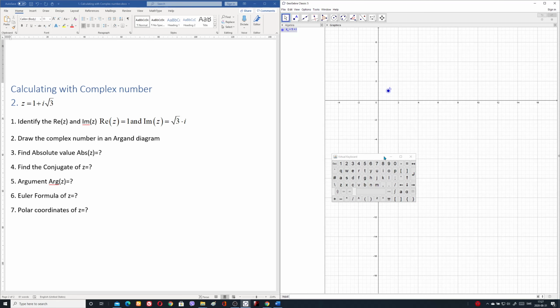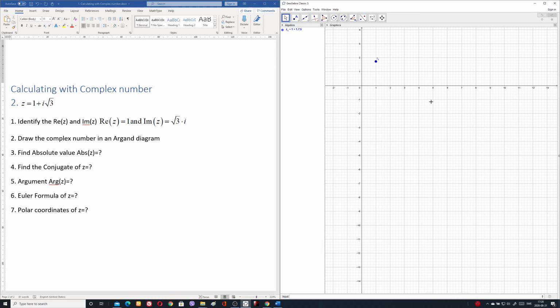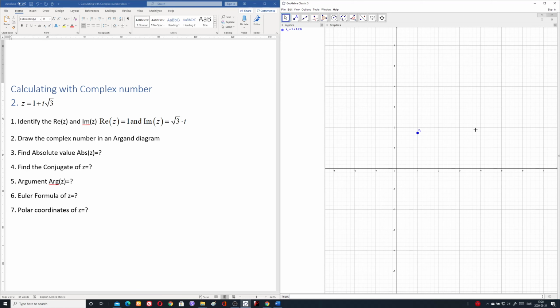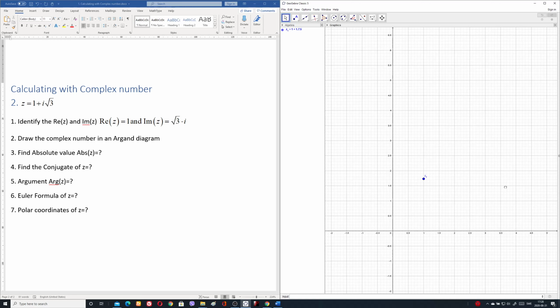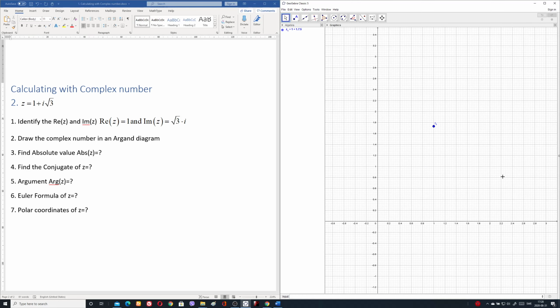I'd like to have this keyboard so I can write the square root of 3. Oh, no, it disappeared. Oh, I'm sorry. Okay. So we should write, yes, square root of 3 and enter. So now GeoGebra has a sketch of this complex number for me in the complex plane.